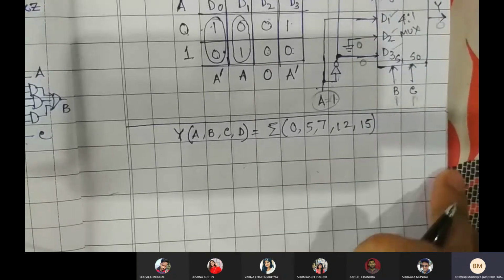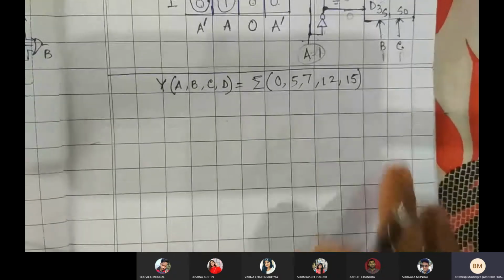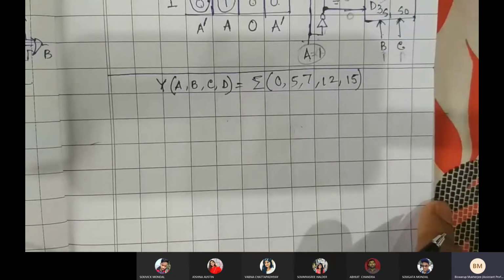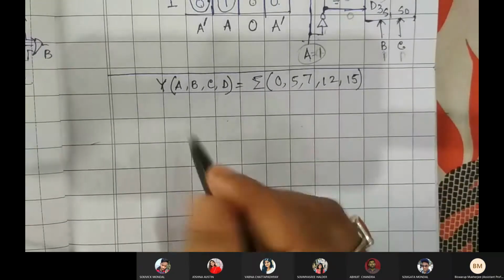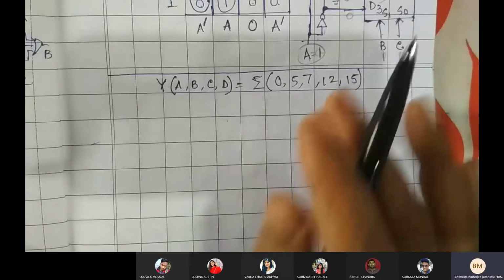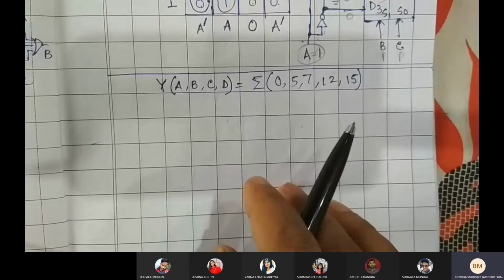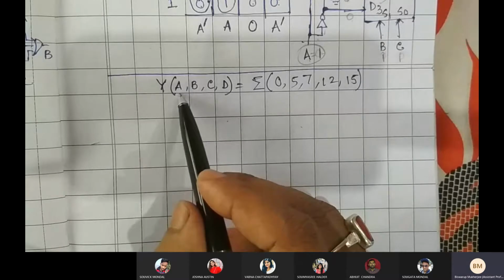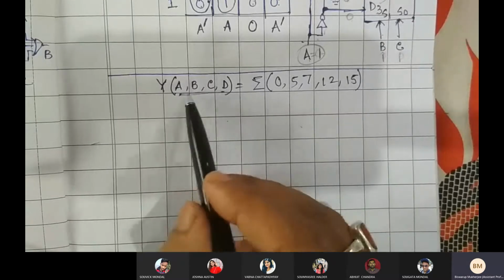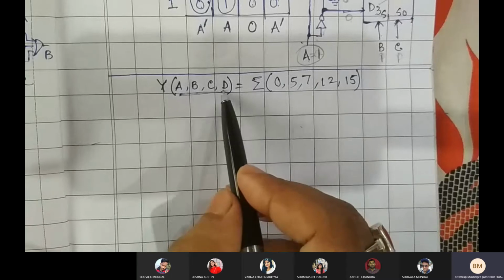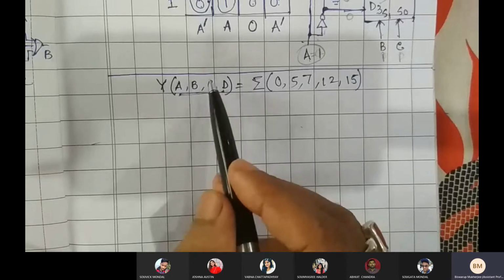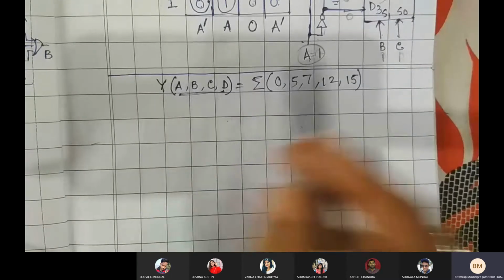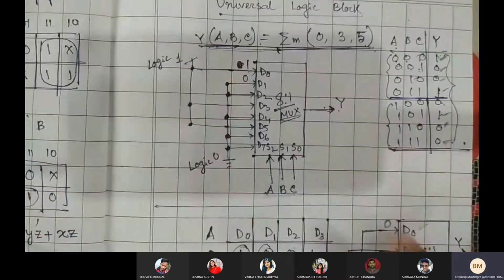We would have to make that particular function implemented by a smaller size of multiplexer. Smaller size of multiplexer means obviously it can be built with a 16:1 multiplexer, where all these A, B, C, D can be utilized as select line inputs. That would be looking like such.